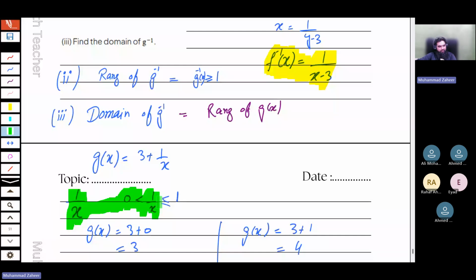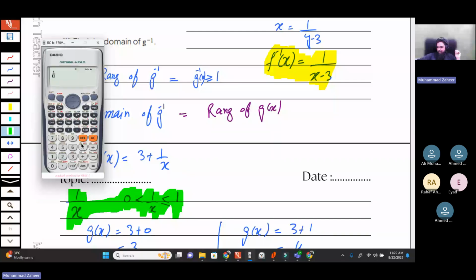The maximum value of 1 by x is going to be greater than 0, not equal to 0. And the maximum value of the answer of 1 by x will be 1, because you have to substitute different values. If I substitute 1, it will be 1 divided by 1, so it will be 1. If I substitute 10, it will be 0.1.